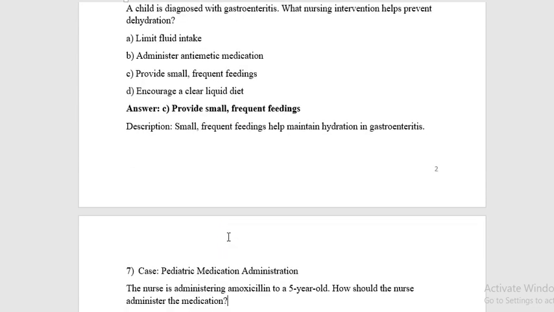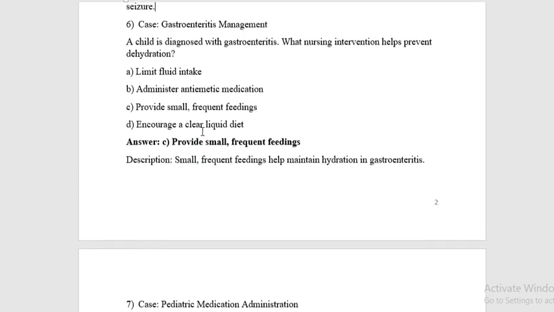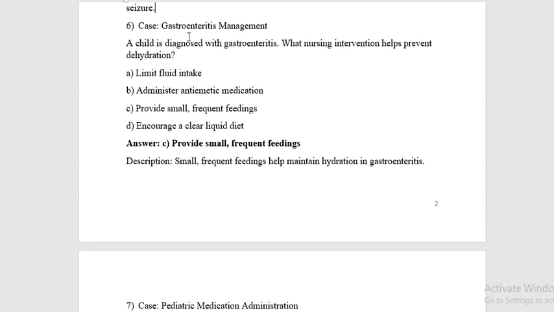Question number 6. Gastroenteritis management. A child is diagnosed with gastroenteritis. What nurse interventions help prevent dehydration? A, limit liquid intake.